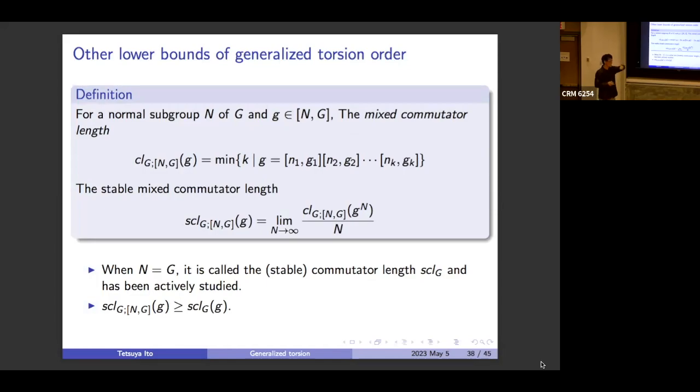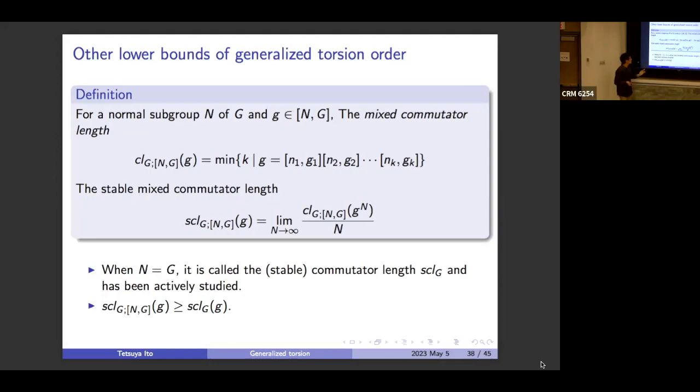Okay, in the remaining time, I will quickly review some other related results. As I said, there is a notion of stable commutator length, which can be used to evaluate or obstruct a generalized torsion element. Here, by a slight generalization, there is a notion of mixed commutator length and stable mixed commutator length.